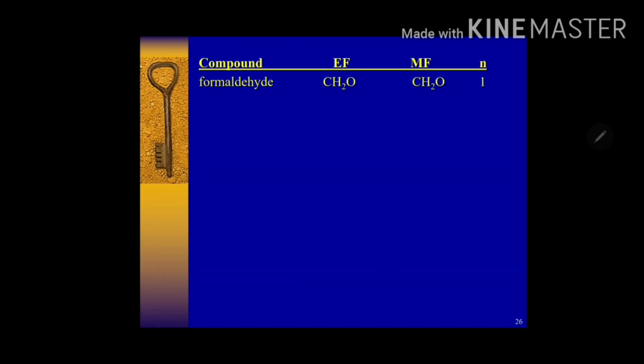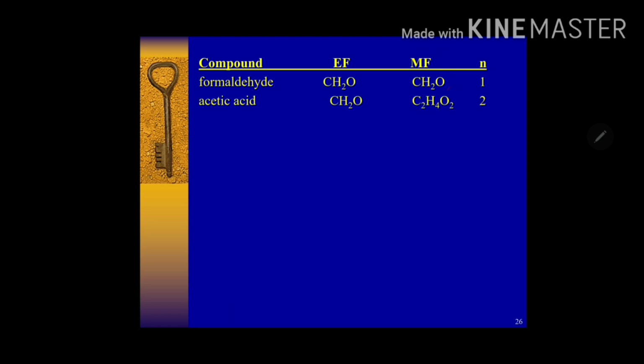These are some examples. Formaldehyde, the empirical formula is CH2O and the molecular formula is also CH2O. Alright? And the N value is equal to 1. Okay, so the empirical formula is similar to its molecular formula.